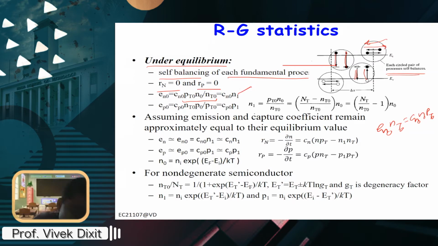Now Pt by Nt will be how much? Now Pt you can write capital Nt minus small nt, right? So this basically boils down to capital Nt by small nt minus 1. Now can you recall what is this? Capital Nt by small nt, or rather small nt by capital Nt.